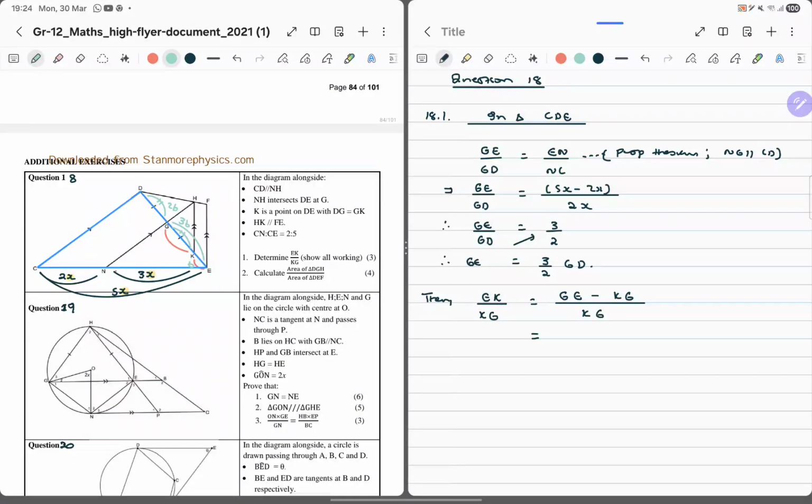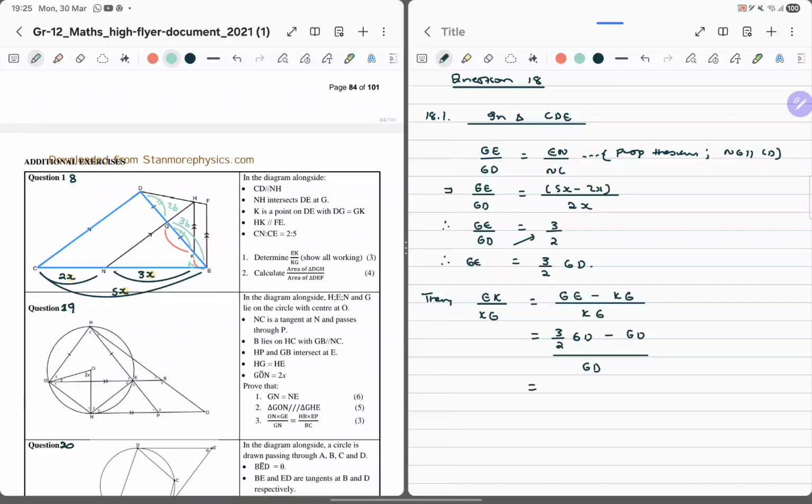So this is equal to GE itself is 3/2 GD, minus KG, which is nothing but GD, because we're told they are equal, all divided by KG. Again, KG is nothing but GD or DG.